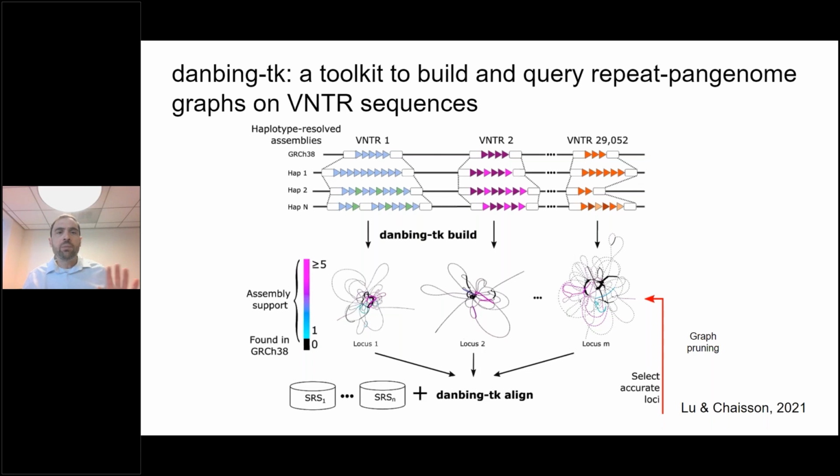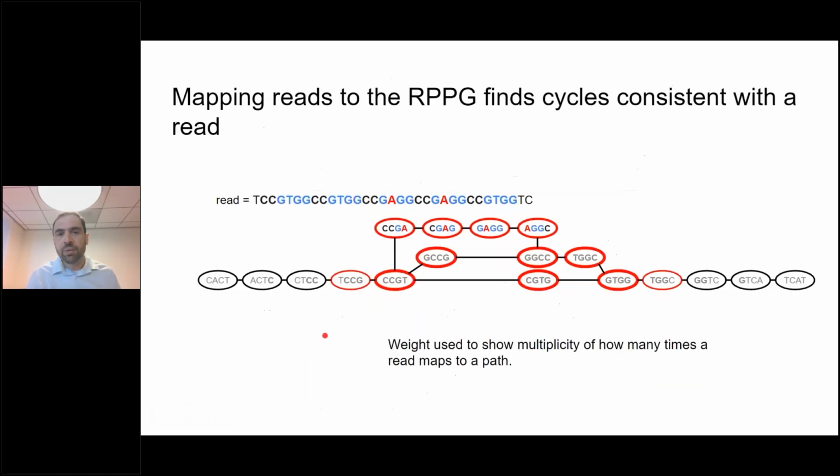And so my former student, now postdoc, Tony Liu, wrote a toolkit called Danbing-TK that essentially takes a set of regions of tandem repeats in the human reference as well as a few assemblies, and collects all of the VNTR sequences independently from the reference and all assemblies, builds individual pan-genome graphs, essentially De Bruijn graphs, and is then able to map reads into these graphs.